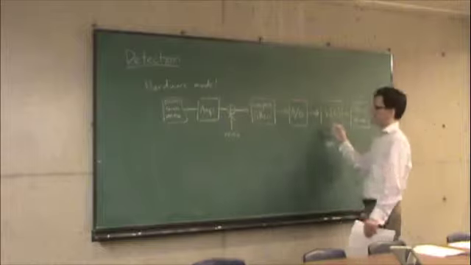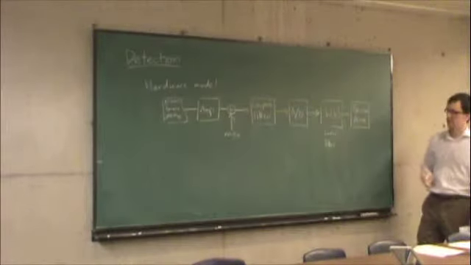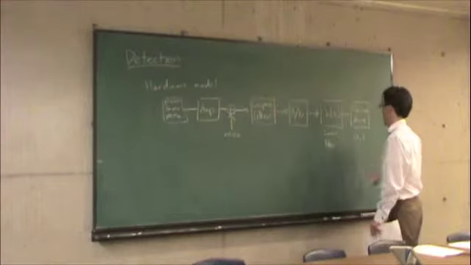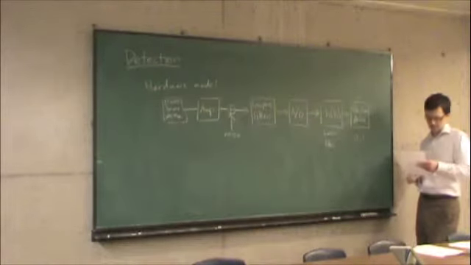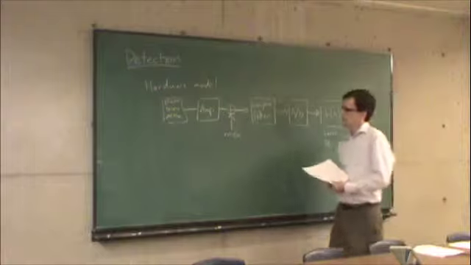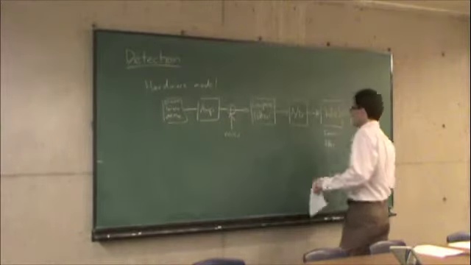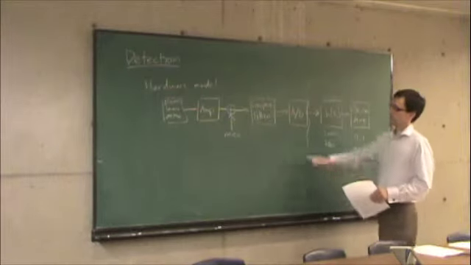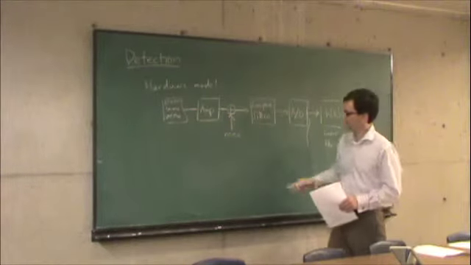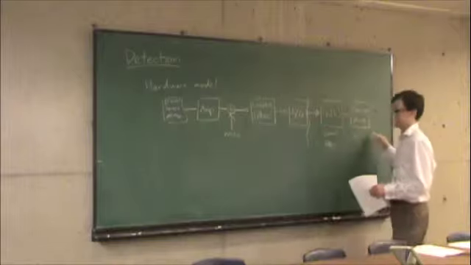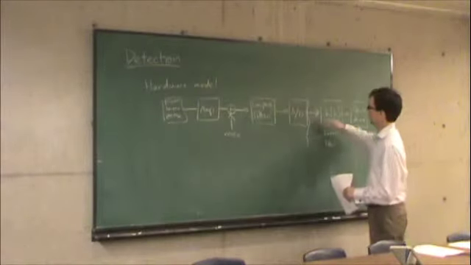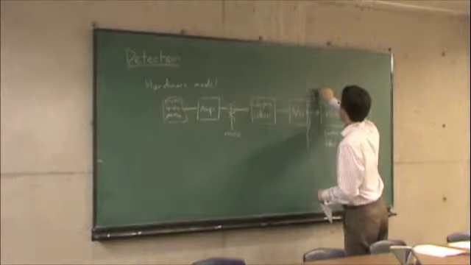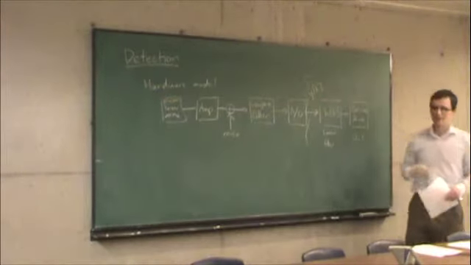The decision device will examine the output of the linear filter and decide whether a 0 or a 1 is sent. We care about the noise, obviously, but as far as things we can design are concerned, we're only concerned about this end. From the analog to digital, we have some sequence that I'm going to call y of k.